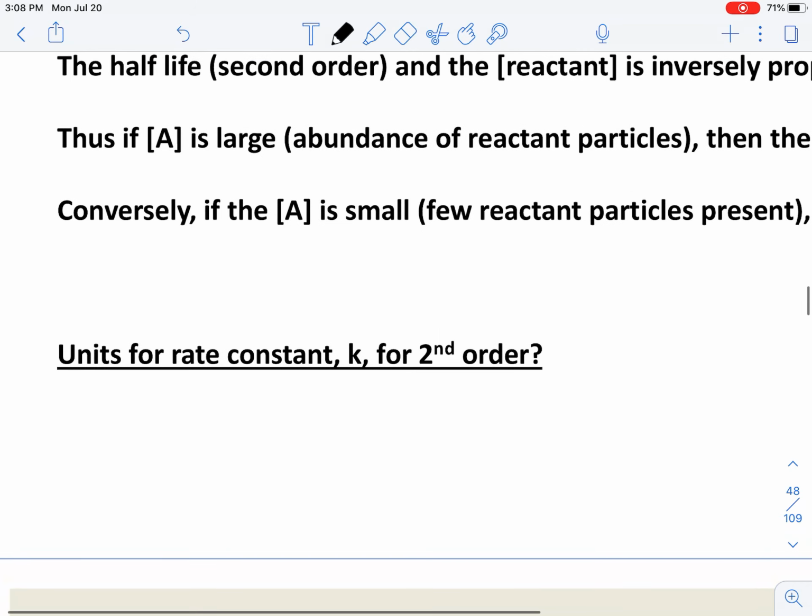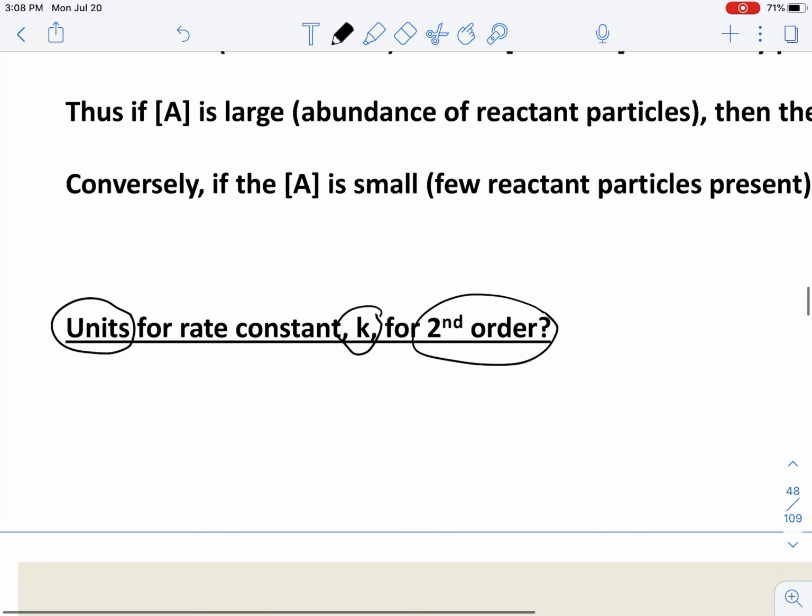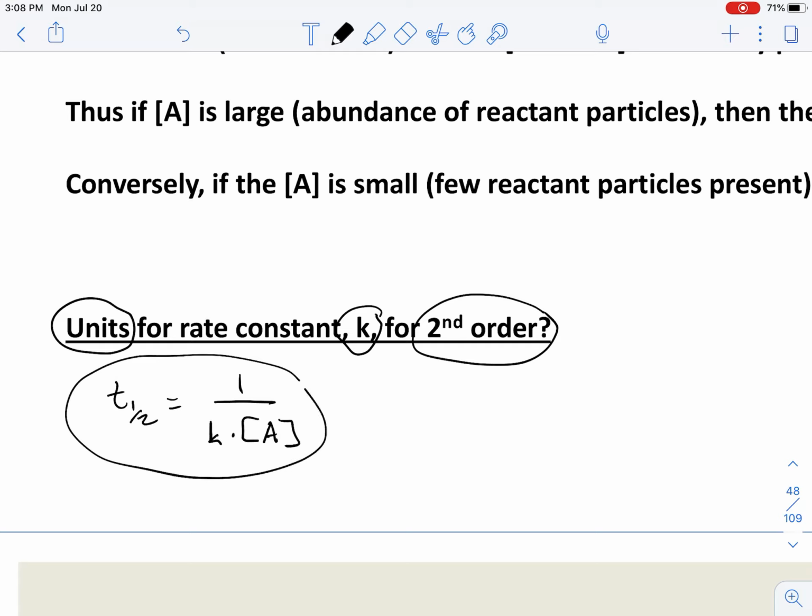And so when we're talking about the units for the rate constant K, which also helps us determine whether it's first order, second order, or zero order, we're going to take the equation T1/2 is equal to 1 over the rate constant K times the concentration of A. And if I wanted to look at this equation based simply on units, this equation translates to time, or seconds.